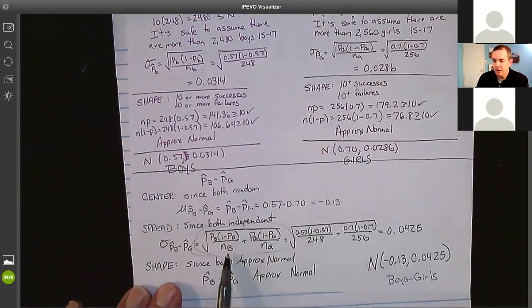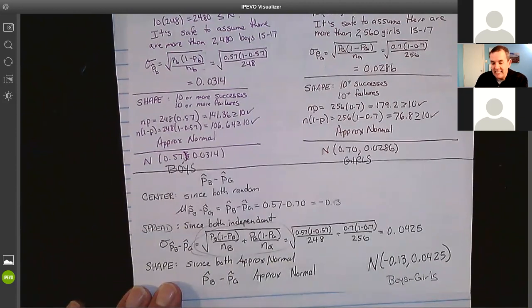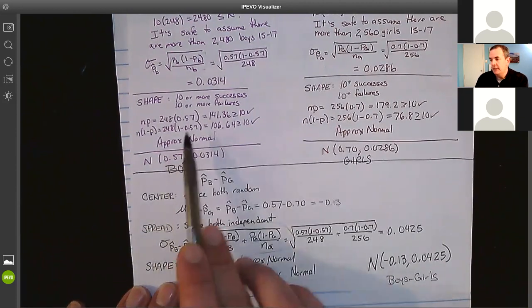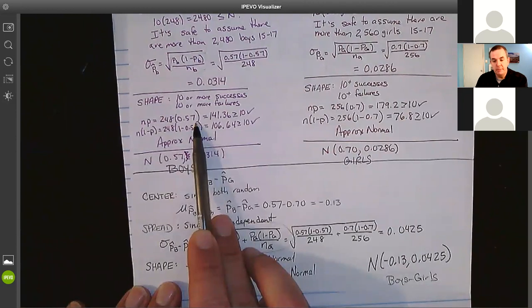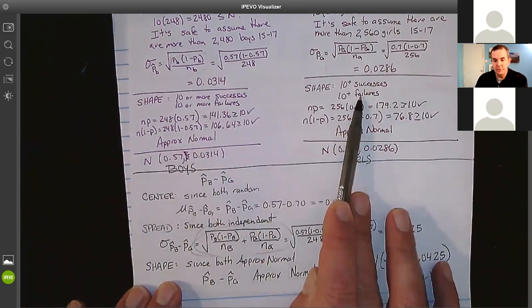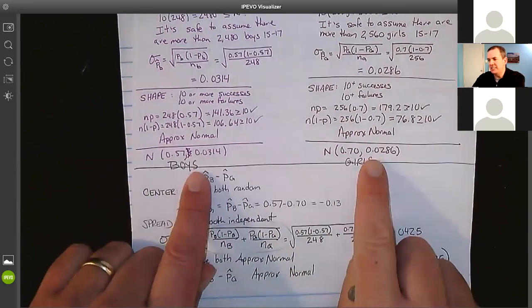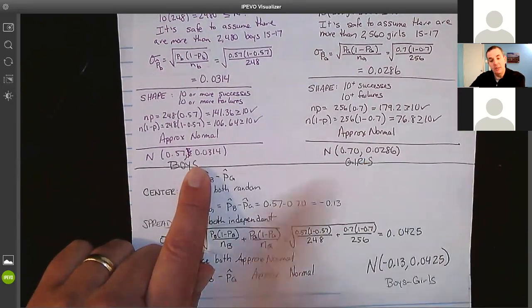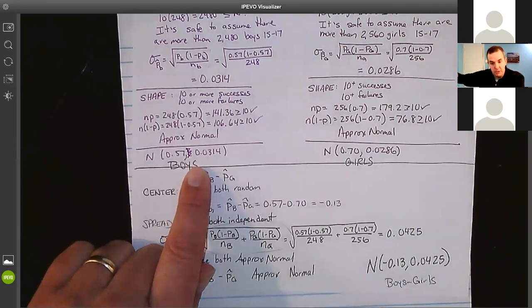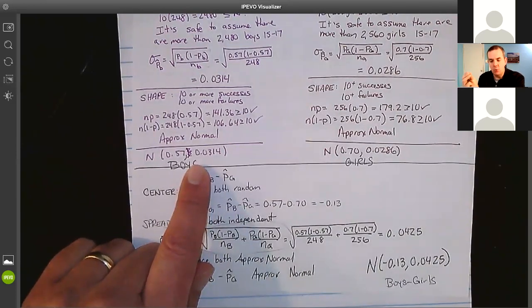And the last part, this is the easiest check to do. If one distribution shape is normal and the other distribution shape is normal, their difference is normal. So now what I have is the following. I have taken two distinctly different distributions, two different little bell-shaped curves, and I've combined them into one.